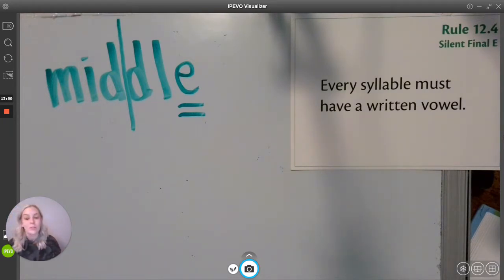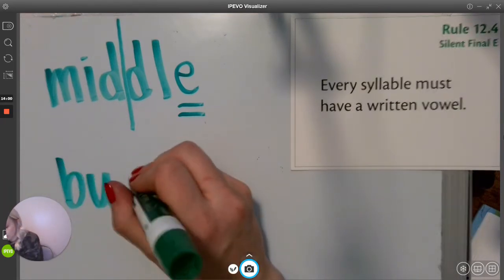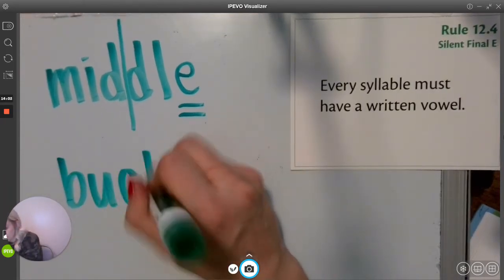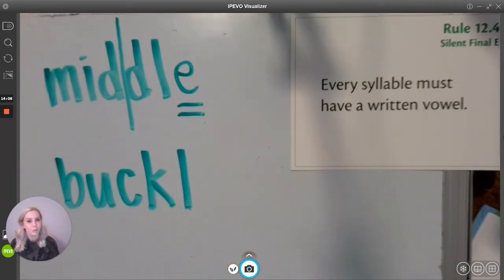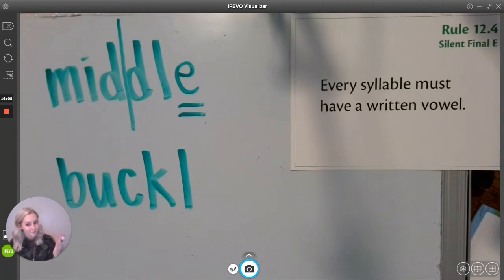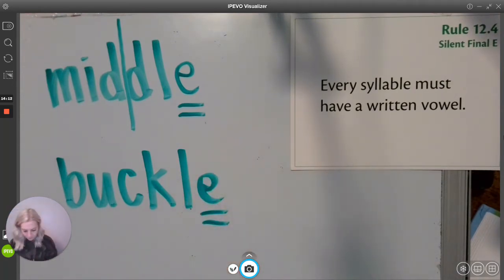When you write this, you're going to need to use two-letter k. Okay? So, b, u, two-letter k, l. All right, what do we need to add? Silent final E. Very good.